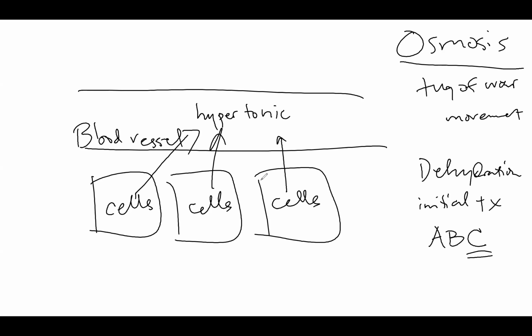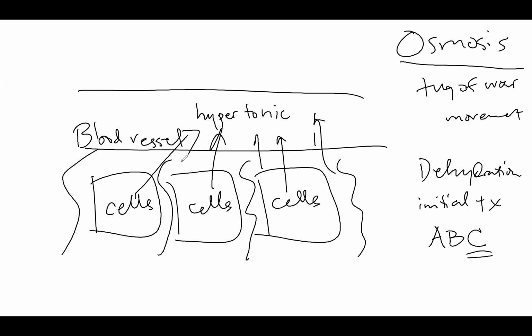Not only the cell, but if you have fluid here in the interstitial space, that will also move toward the bloodstream. So if you have either extra fluid in the cell or extra fluid in the interstitial space, that will all move toward the bloodstream because it's a hypertonic solution that you're infusing.